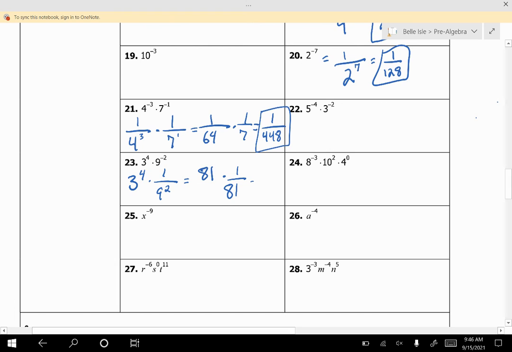Let me put something else in there. Okay, kind of ran out of room on 23. I'll talk about it in a second. I'll go ahead and put 24 up there as well so that you can check yourself.